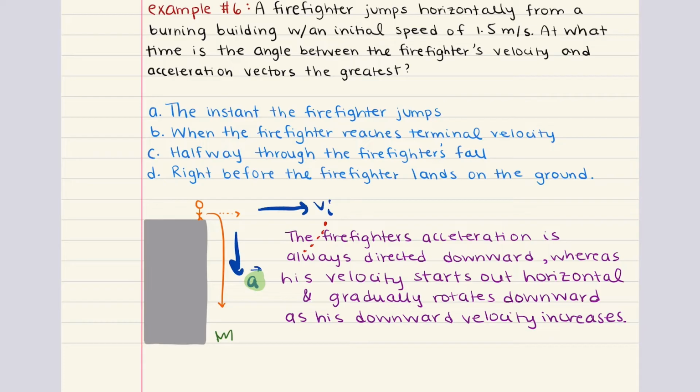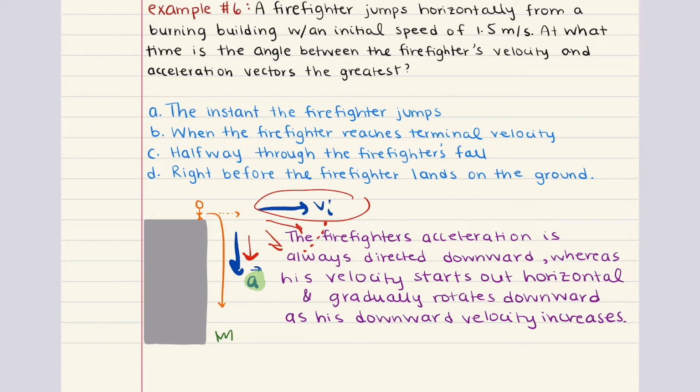causing the vector to rotate downward. Now, the angle between the velocity and acceleration vectors is greatest when the velocity has the smallest vertical component relative to the horizontal component. And that occurs at the very beginning of the jump when the velocity is entirely horizontal.